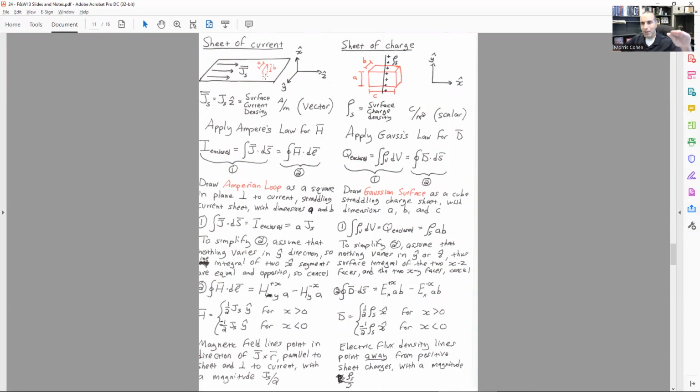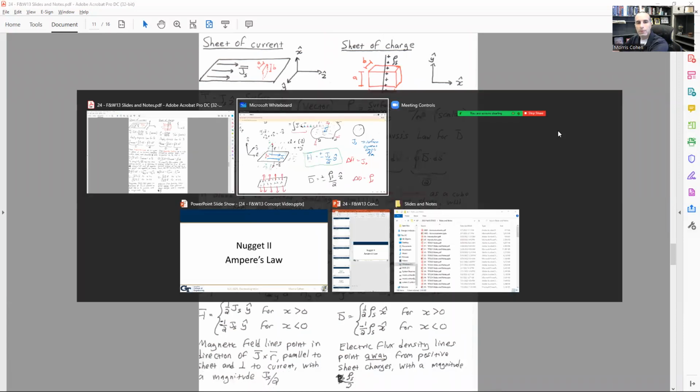And there's really a fascinating symmetry between the two in the way that we're applying Ampere's law versus Gauss's law. We set up a cube versus a square. You solve all the pieces, and you end up with a plus or minus Js or plus or minus rho s for the current and charge, respectively. And again, take a look at the details. They're all right there.